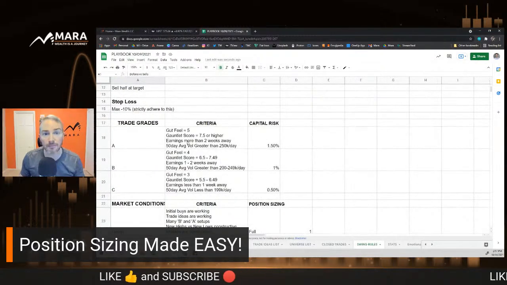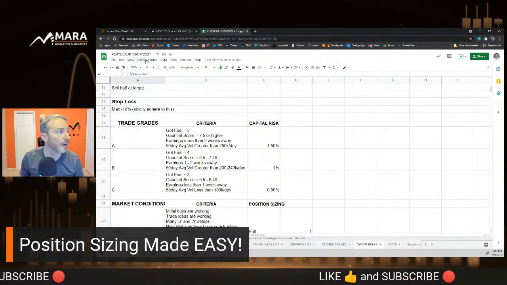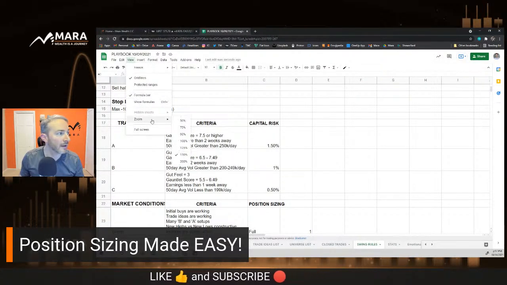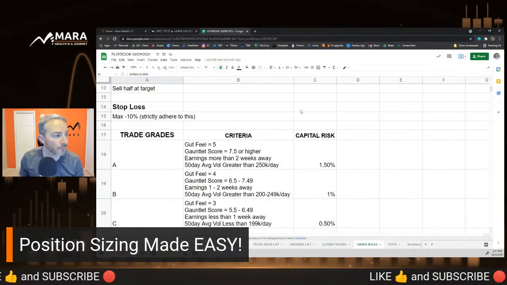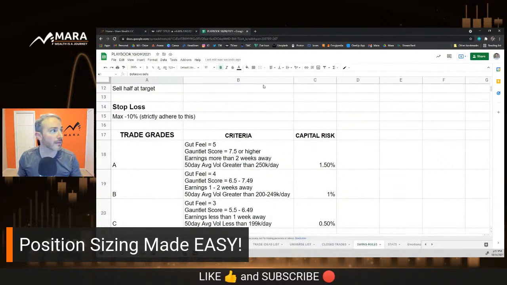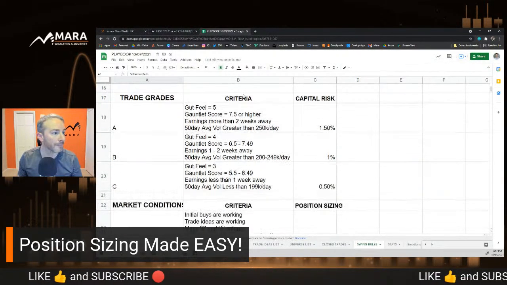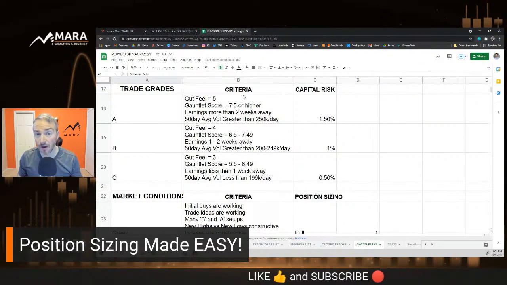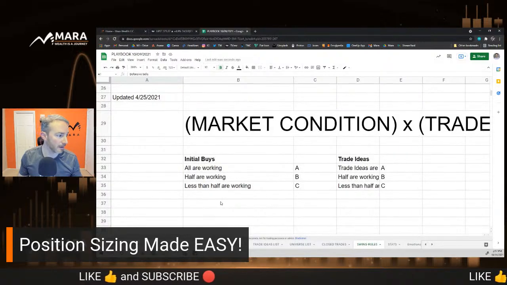This whole spreadsheet is made available to our Mara Elite members, and it gets updated constantly with new formulas, trades, everything that I'm doing. The way that I position size on each trade is based on this formula here.